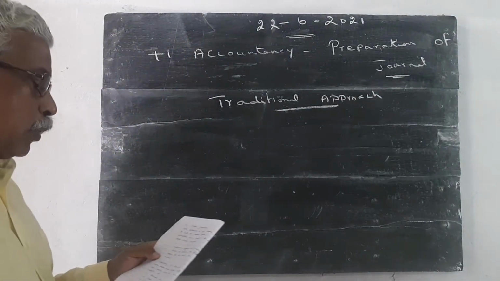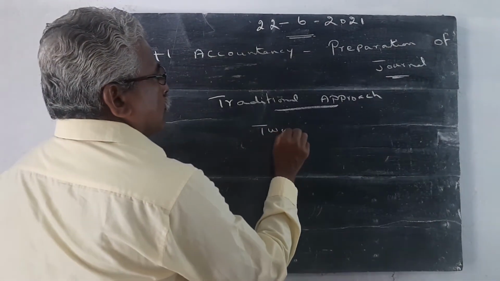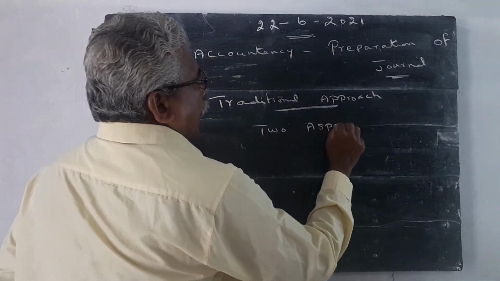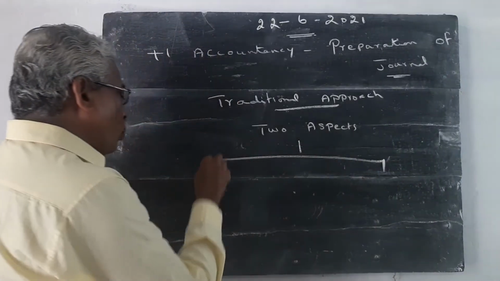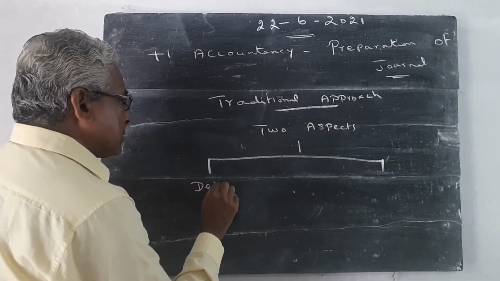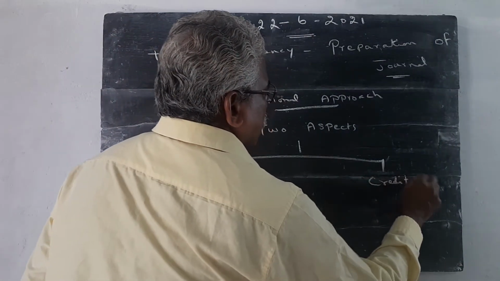In the traditional approach of journal, two aspects of a transaction are recorded. Number one, debit aspect, and number two, credit aspect.